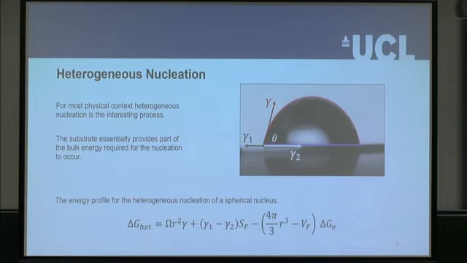When we want to take into account the surface as well, the substrate contribution to the process, we want to add another term to the nucleation energy profile, which is the energy required to build the interface between the substrate and the ice.